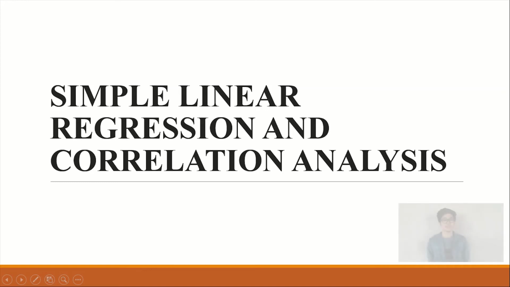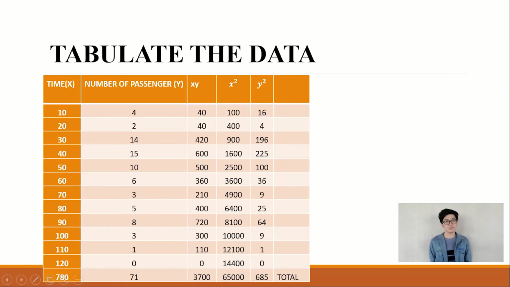Okay, so now I would like to present simple linear regression and correlation analysis for our project. To do the analysis, first of all, you need to tabulate the data. The table is divided into x and y, where time is x and number of passengers is y, and so on.